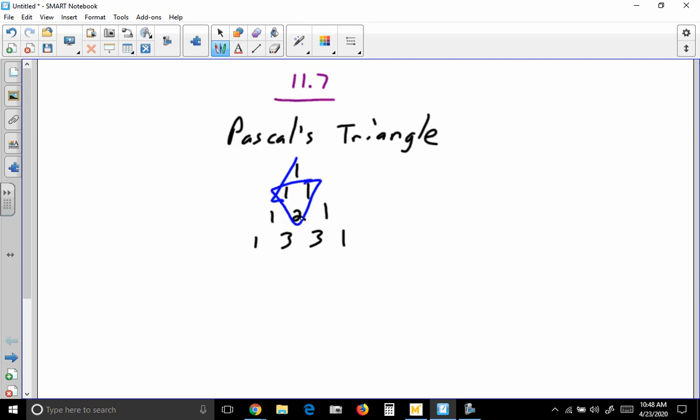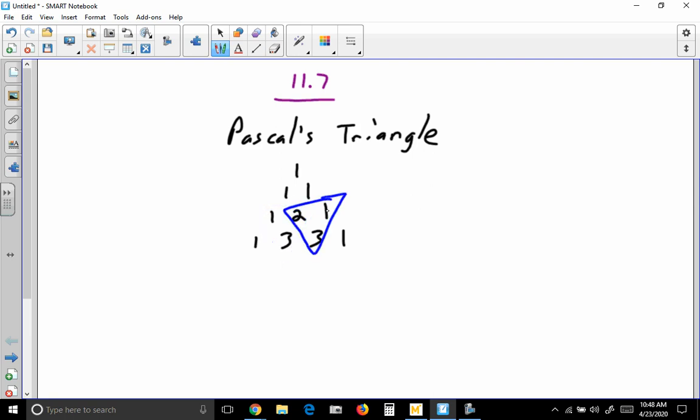This number is the sum of the two numbers above it. The left and the right edges are all ones. And if we draw a triangle with two elements in the top row and the one element below it, the bottom number is the sum of the two numbers above it.